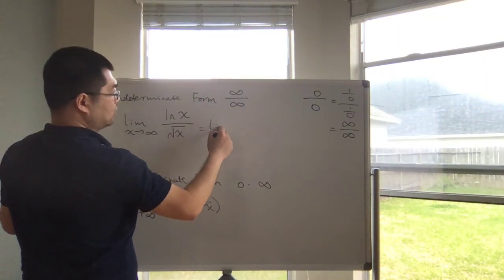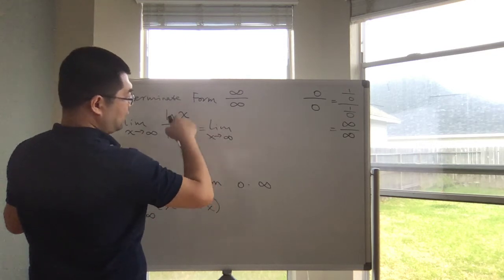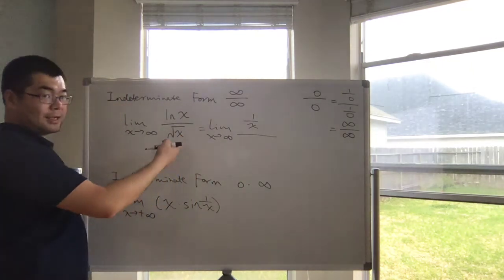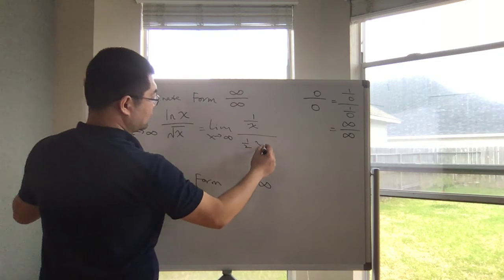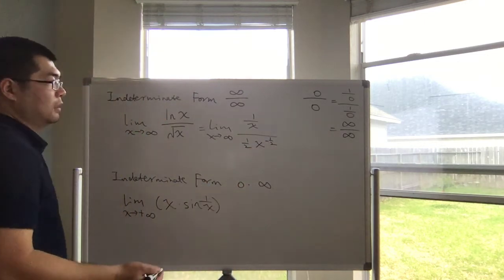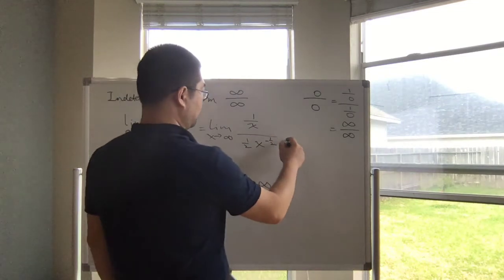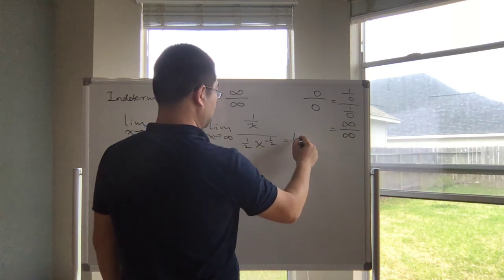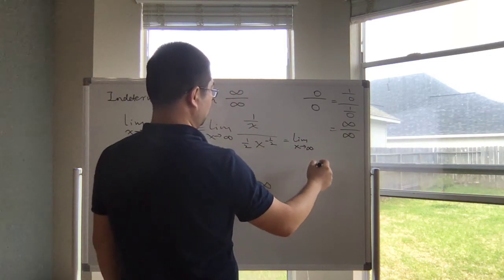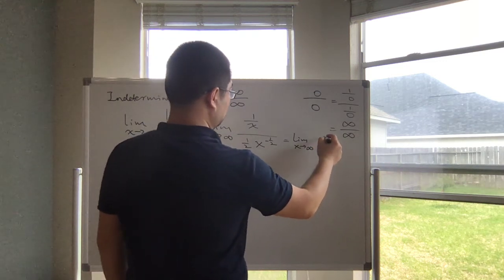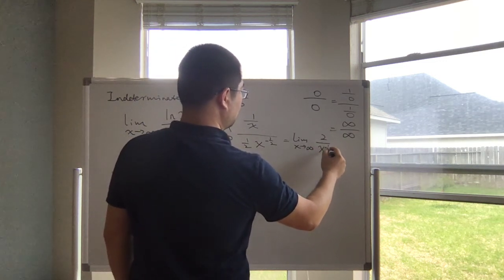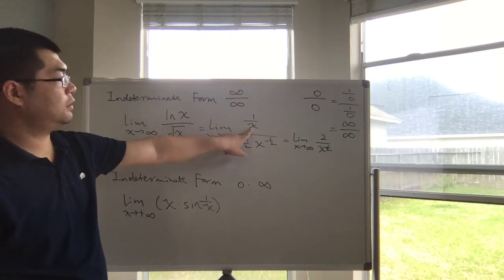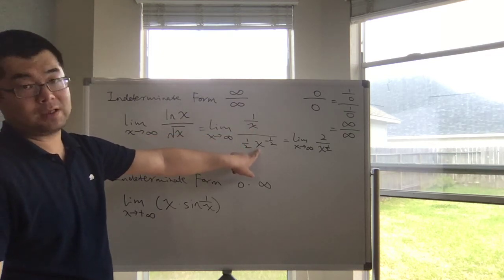So let's do that, the limit as x goes to infinity. The derivative of the top is 1 over x, right? The derivative of the bottom, we can rewrite as x to the power 1 over 2. So it's 1 over 2 times x to the power negative 1 over 2, right? And we can simplify this part a little bit more. Because this part is x to the power negative 1, and if you simplify, it's x to the power of negative 1 over 2.